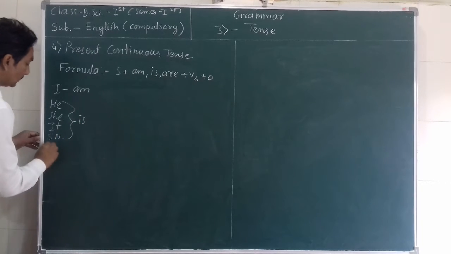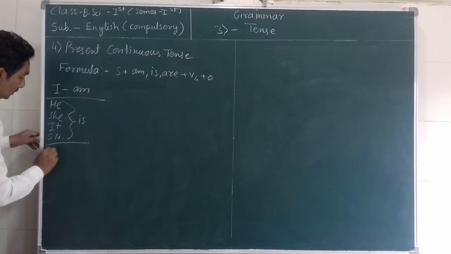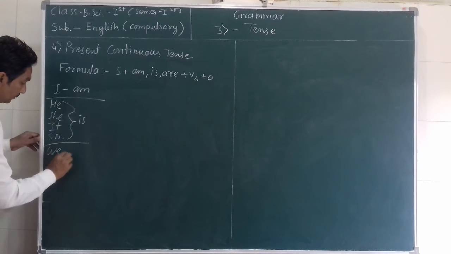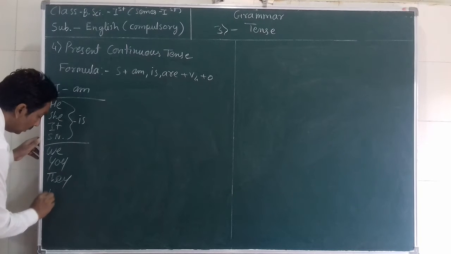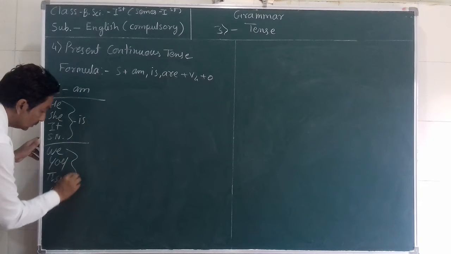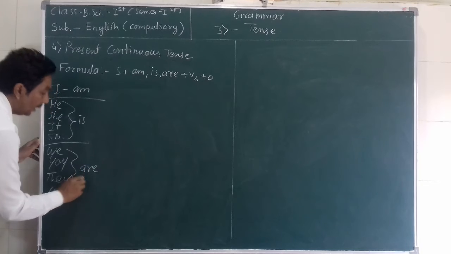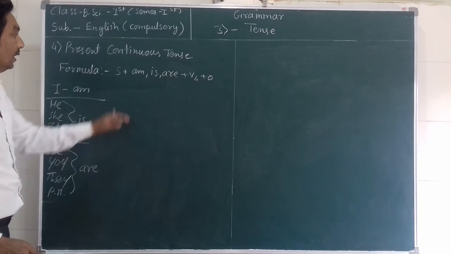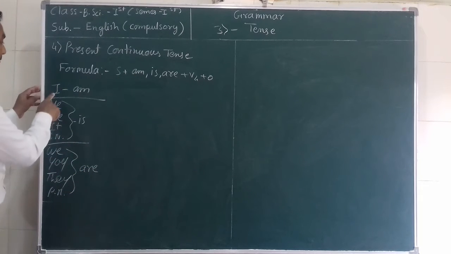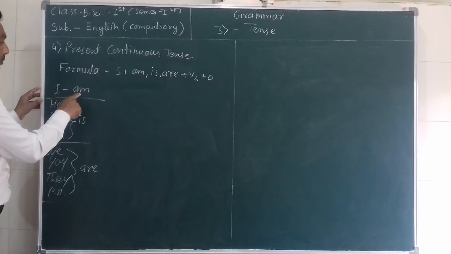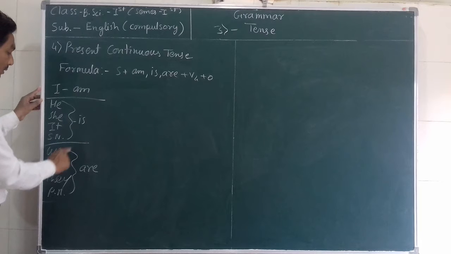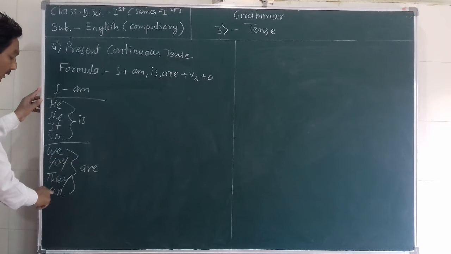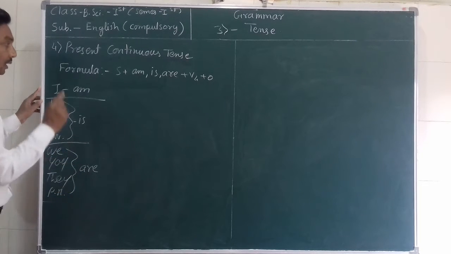And if the subject is we, you, they, or a plural noun, so use are, the present tense to be form, in front of that subject. If the subject is I, use am. If the subject is he, she, it, singular noun, use is. If the subject is we, you, they, plural noun, use are.